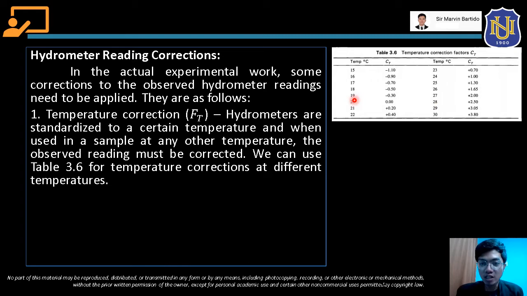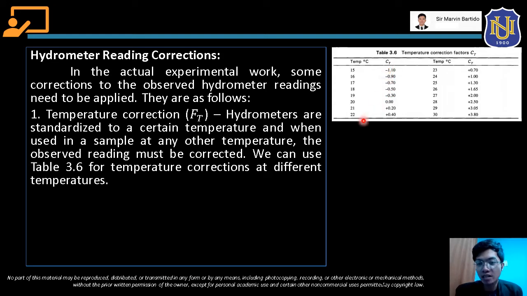As you can see here, at 20 degrees Celsius, yung correction natin 0. Kasi nga, class, yung hydrometer natin, calibrated yan at 20 degrees Celsius. Kaya 0 talaga yung correction natin dyan. And as you can notice here, class, when the value of the temperature is less than the standard temperature, makikita mo, yung mga corrections natin dito ay negative.